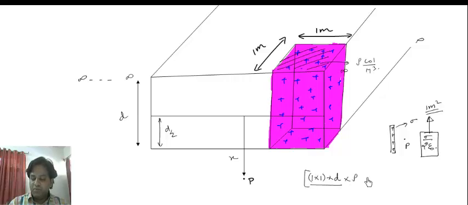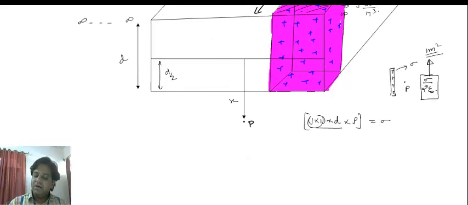So this is the volume into density. This will give me the charge on the 1 meter square face area, which is sigma. So simply I can use this sigma in this result to calculate the electric field at this point P. So the electric field at this point P will be rho d by 2 epsilon naught. Very simple.